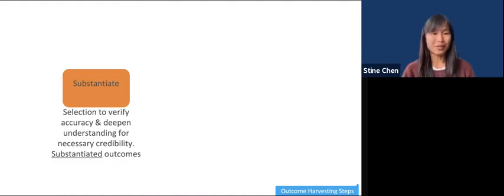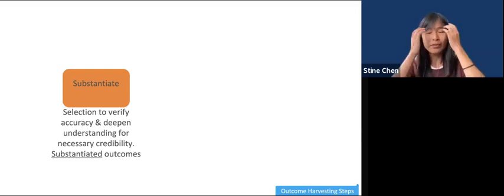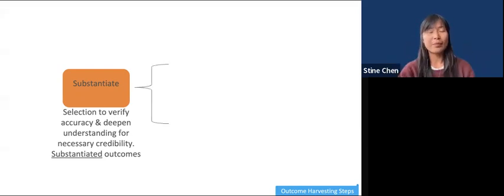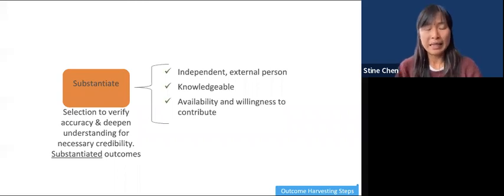So this is a process where a selection of outcomes are taken to verify the accuracy and deepen our understanding for the credibility of these outcomes. And here, typically, it would be an independent and external person doing this substantiation.